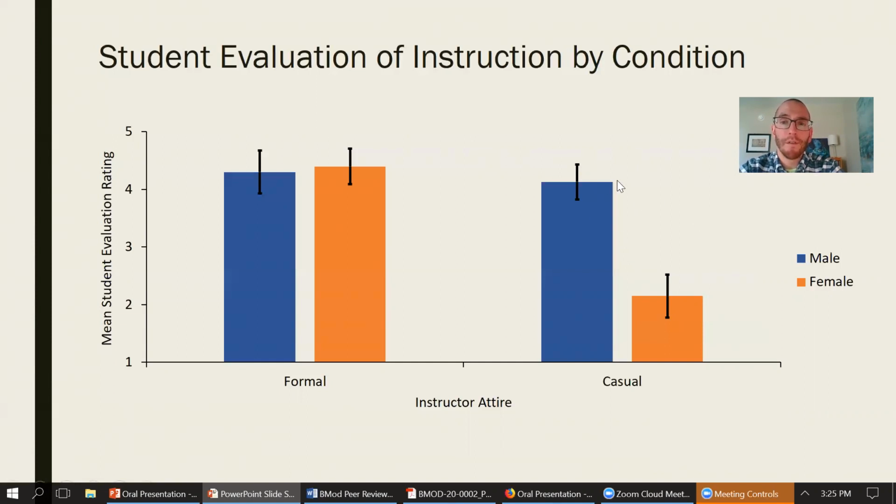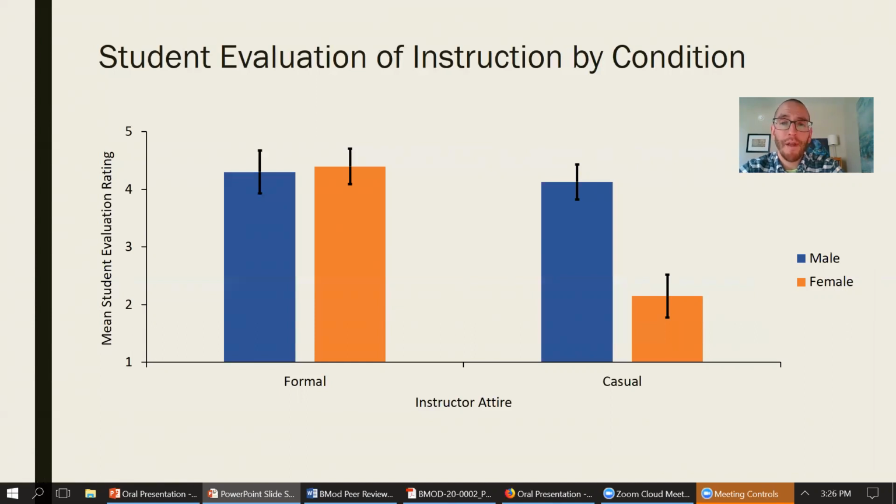For male instructors, when dressed casually, student evaluations were in line with how instructors, both male and female, were evaluated formally, with mean evaluation ratings around 4. However, for female instructors in casual attire, as you can see here, students evaluated those instructors significantly lower, with mean evaluation ratings just above 2.